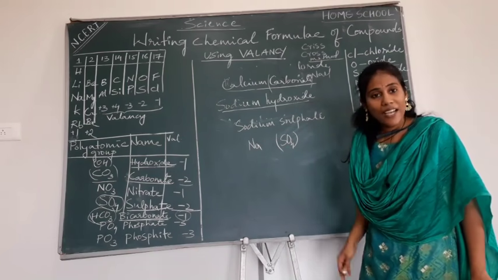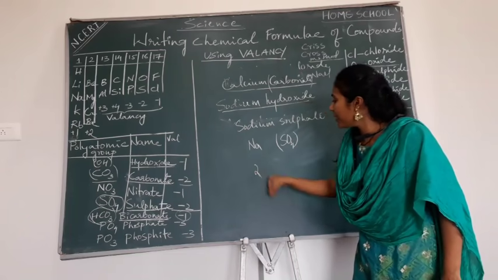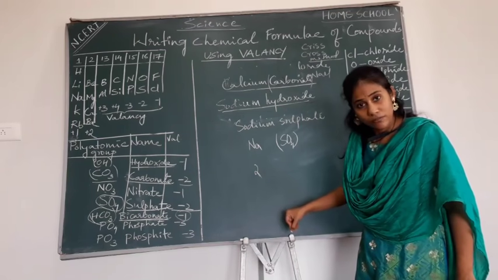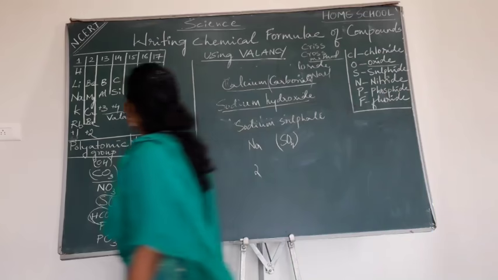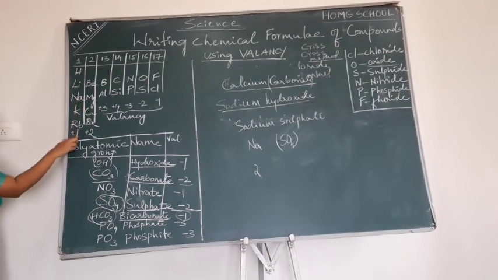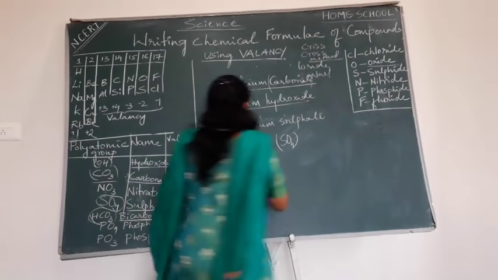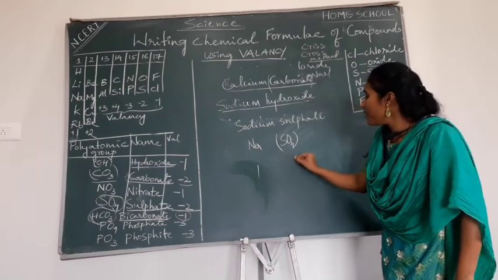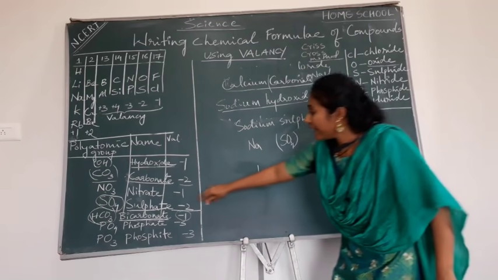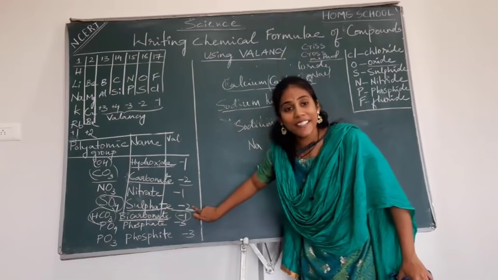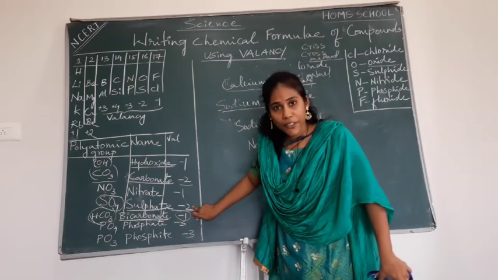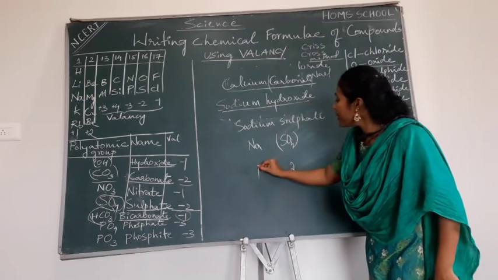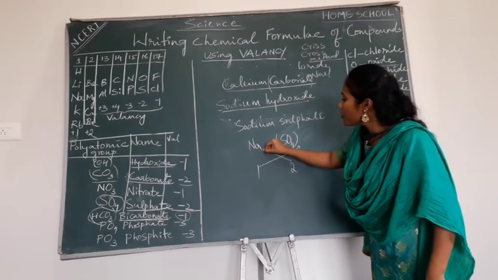And now mention their valencies below. Valency of sodium is 2? Is it 2? Valency of sodium. Sodium is coming in group 1. So what is its valency? Valency is 1. And valency of sulfate is 2. Right? See, SO4 valency minus 2 I gave you. Minus you no need to take, 2. And now do a crisscross. This 1 here, this 2 here.